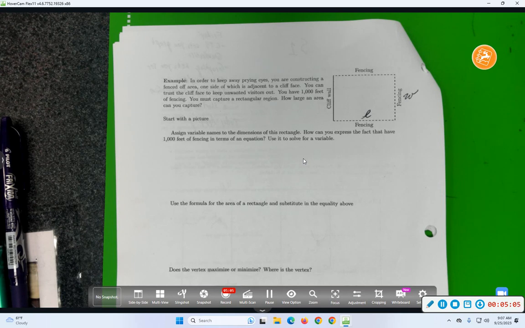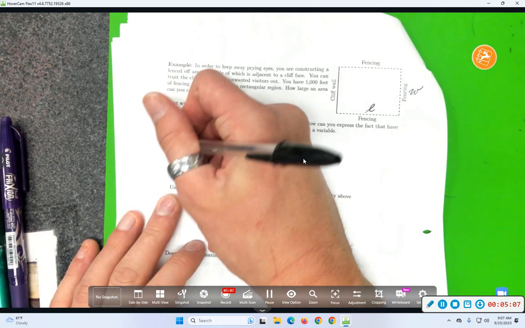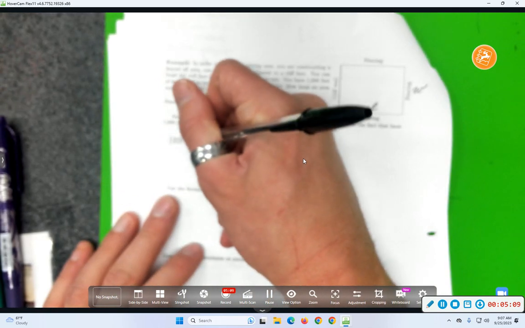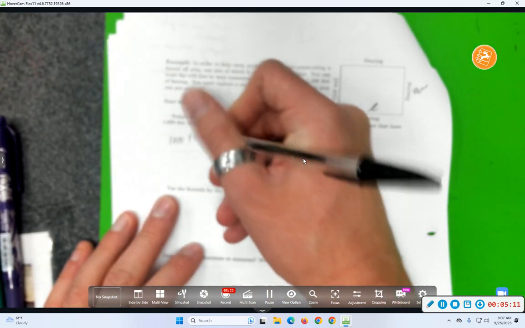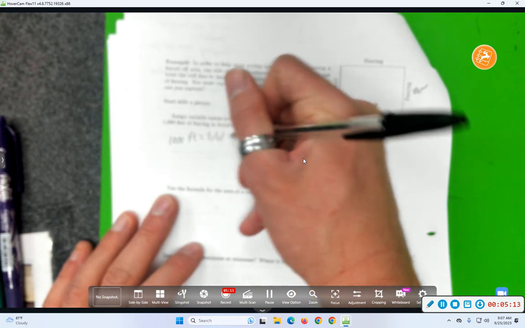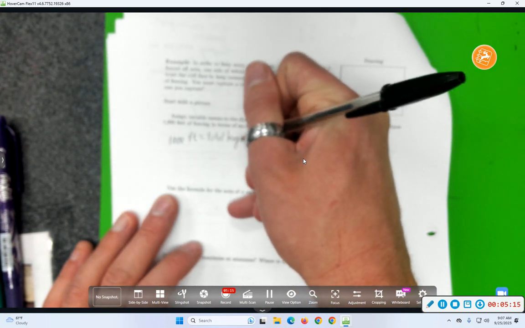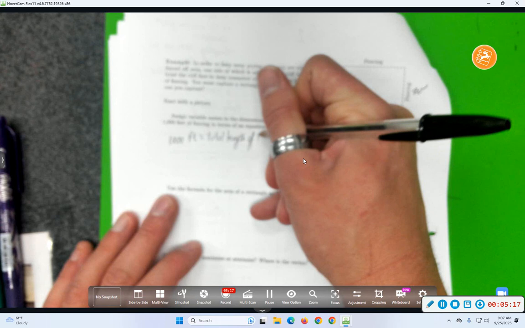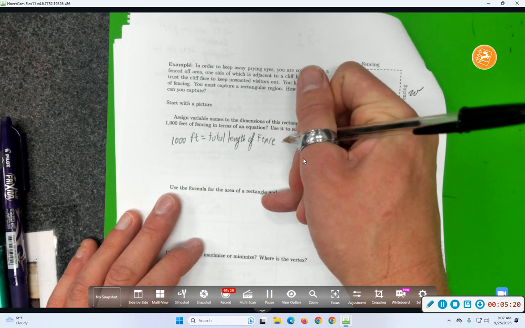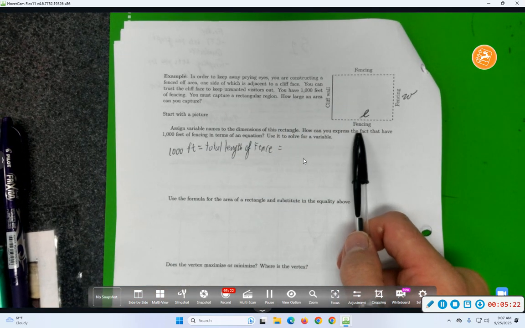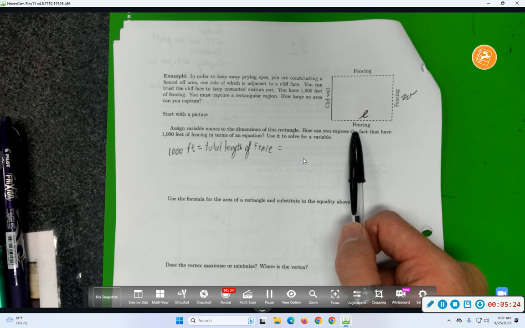I think it gives you something, though. You've got 1,000 feet. So that's like the total length of fence. If you want to build your fence according to this diagram, how much fence would you use in terms of L and W?